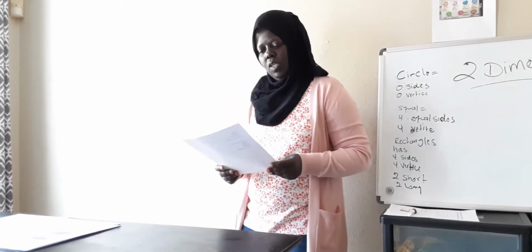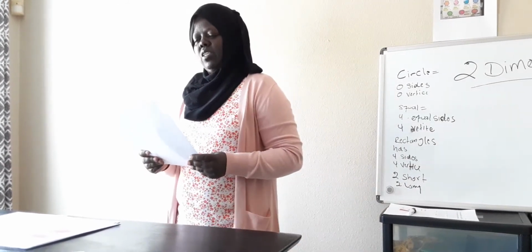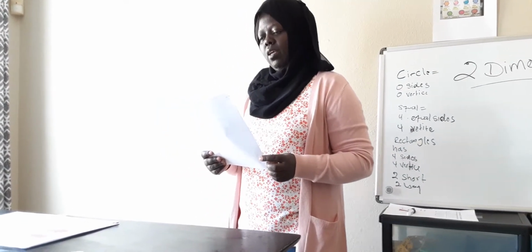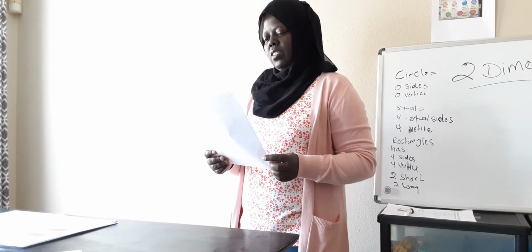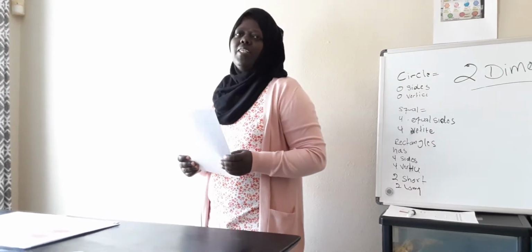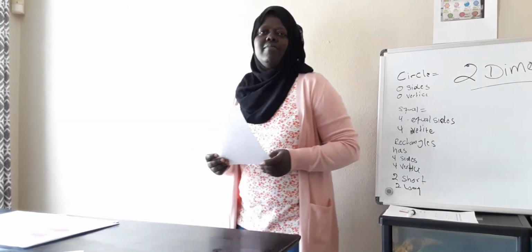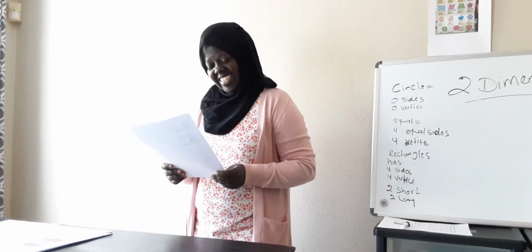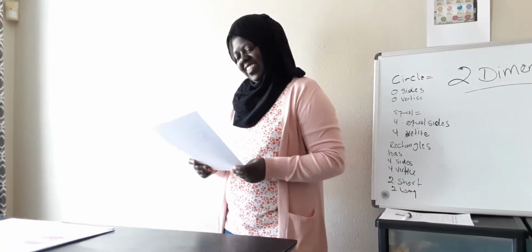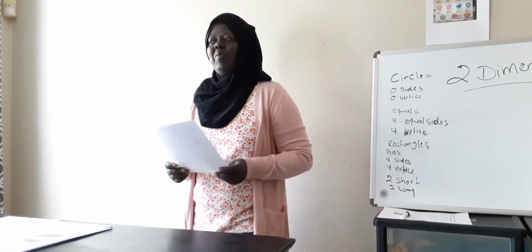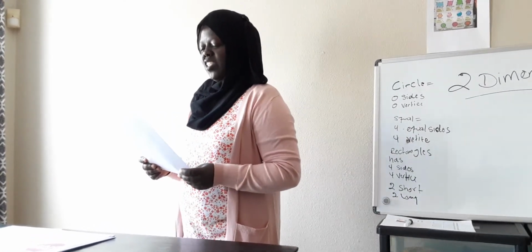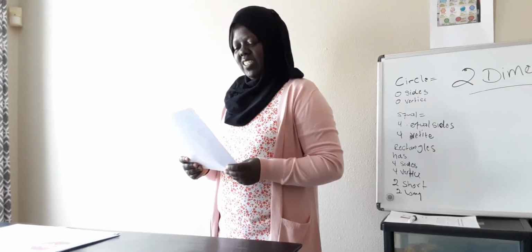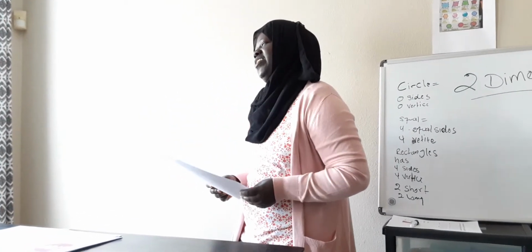Okay, first question: I am a shape that has no angle, no vertex. Who am I? Anas? A circle! Yes! You got that one right. Second example: I am a shape that has four sides, four vertices. Who am I? Javier?